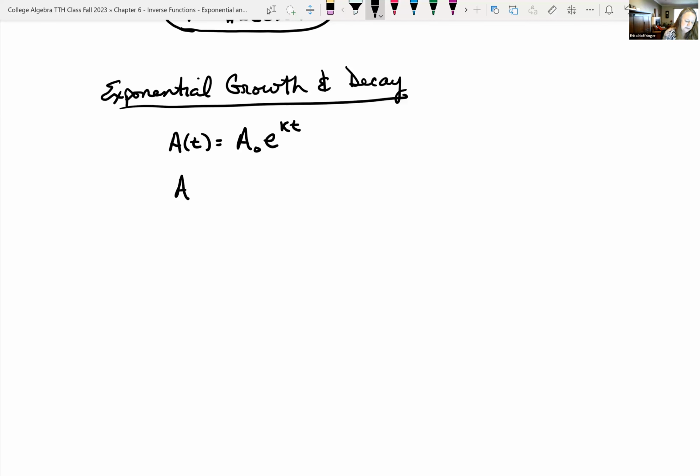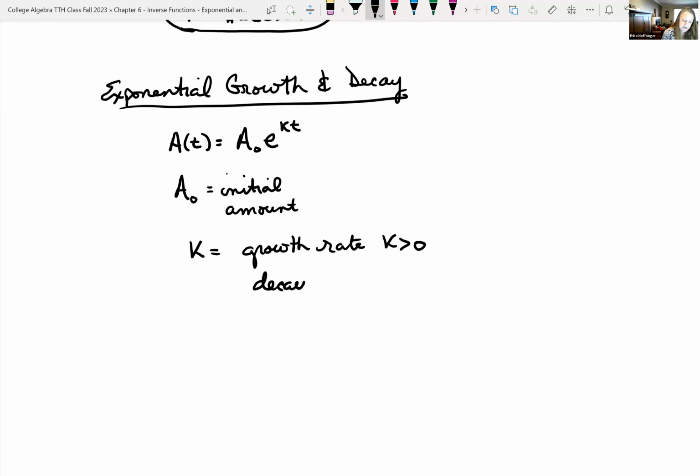A sub 0 is the initial amount. k is equal to a growth rate if k is greater than 0, and it's equal to a decay rate if k is less than 0.